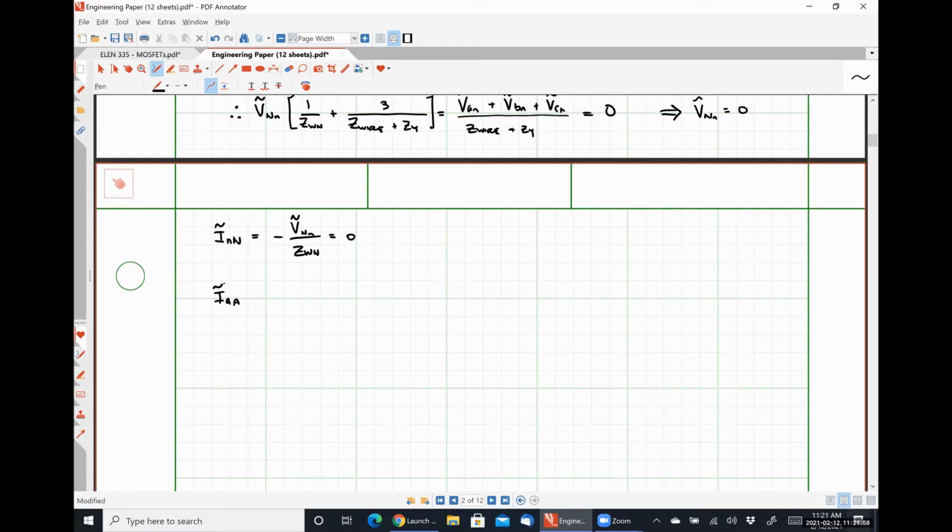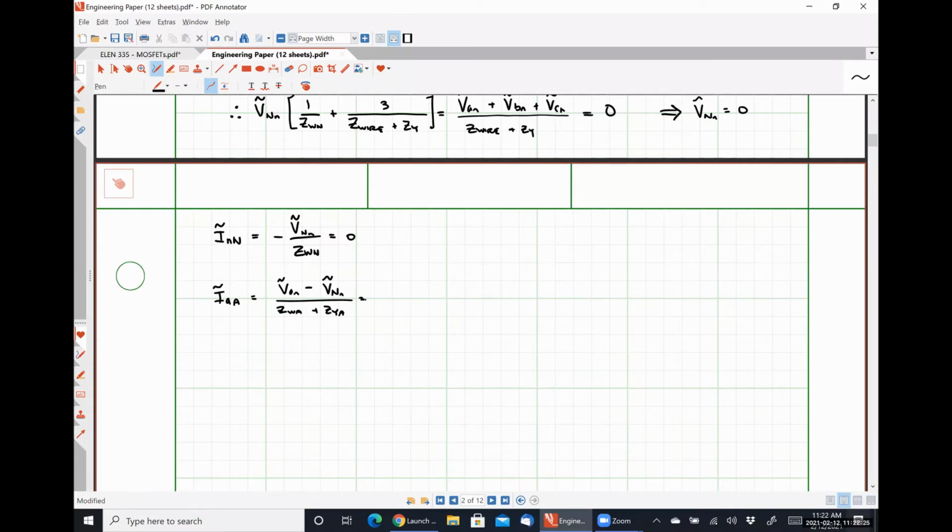So let's look at IAA explicitly, the line current through the A phase of our transmission line. So we had VAN minus VNN divided by ZWA plus ZYA.